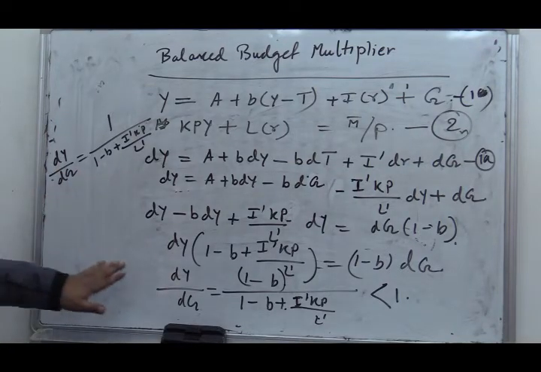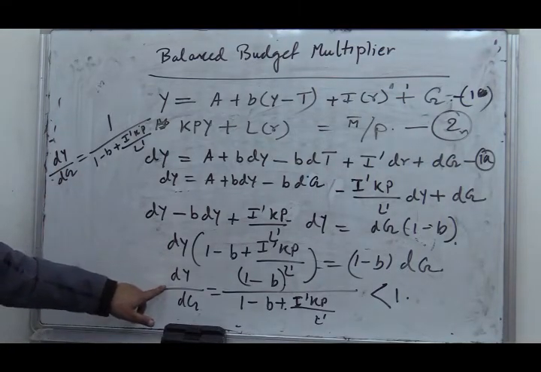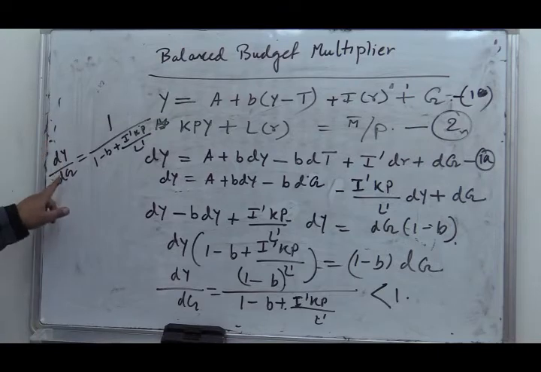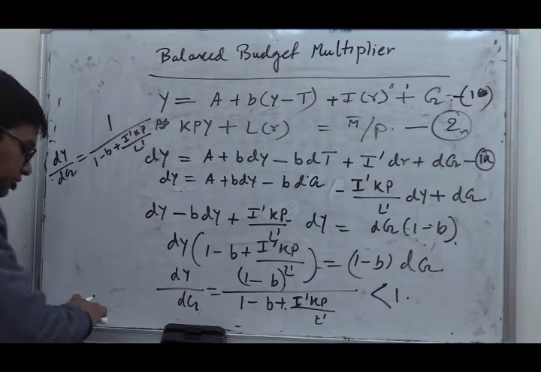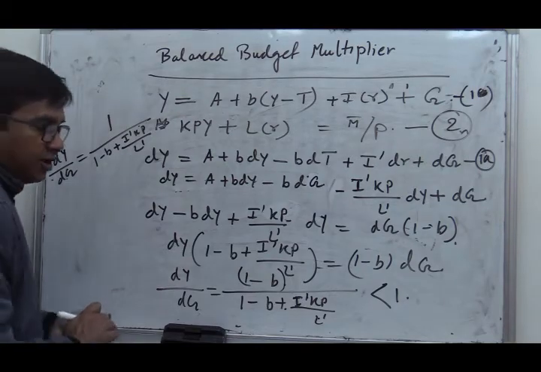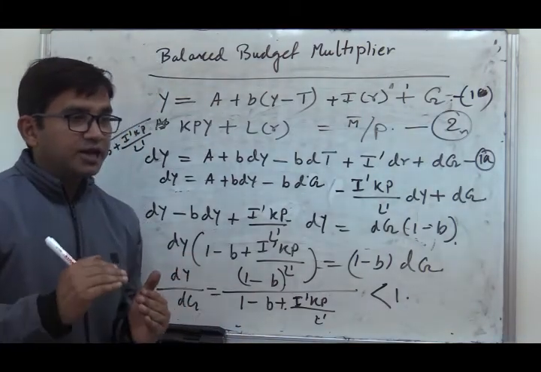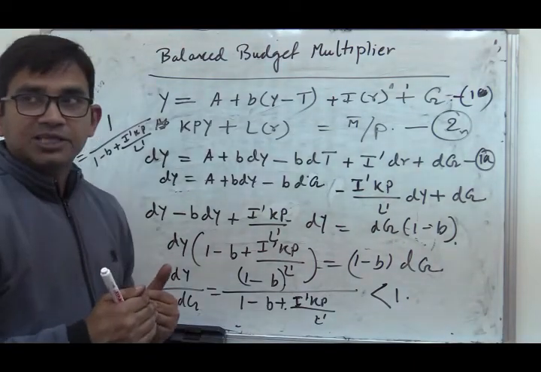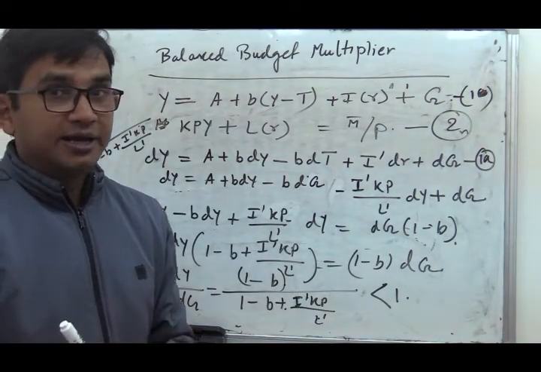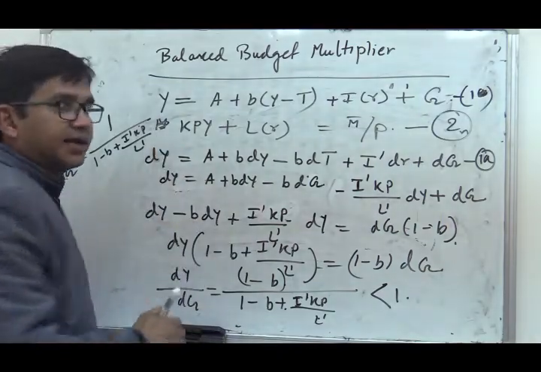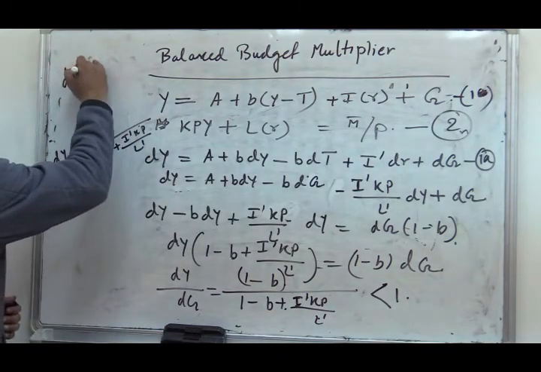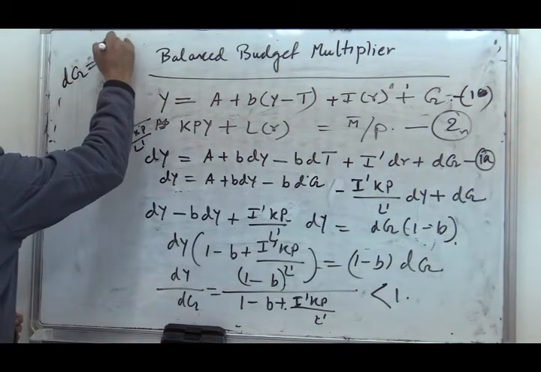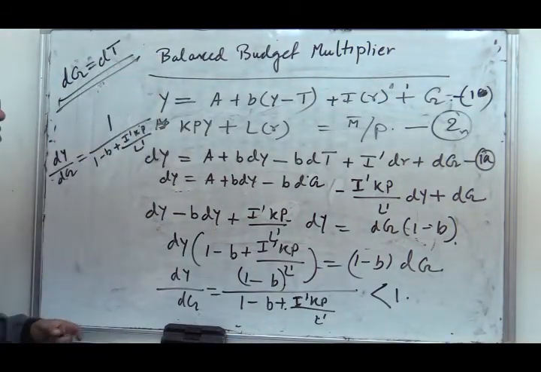So the balanced budget multiplier is less than the normal public expenditure multiplier. Why? Because on one hand, the government is trying to boost aggregate demand by increasing public expenditure, but on the other hand, the government is also increasing the tax. That's why we have dG equals dT.